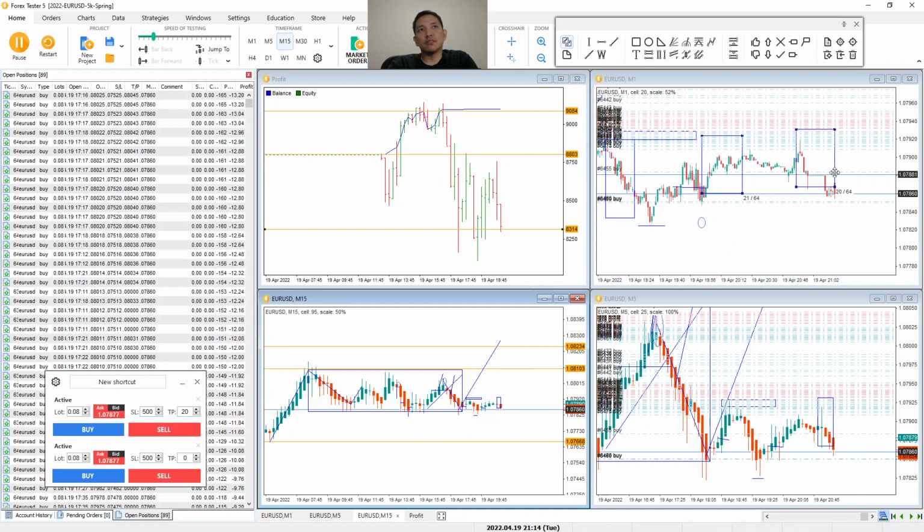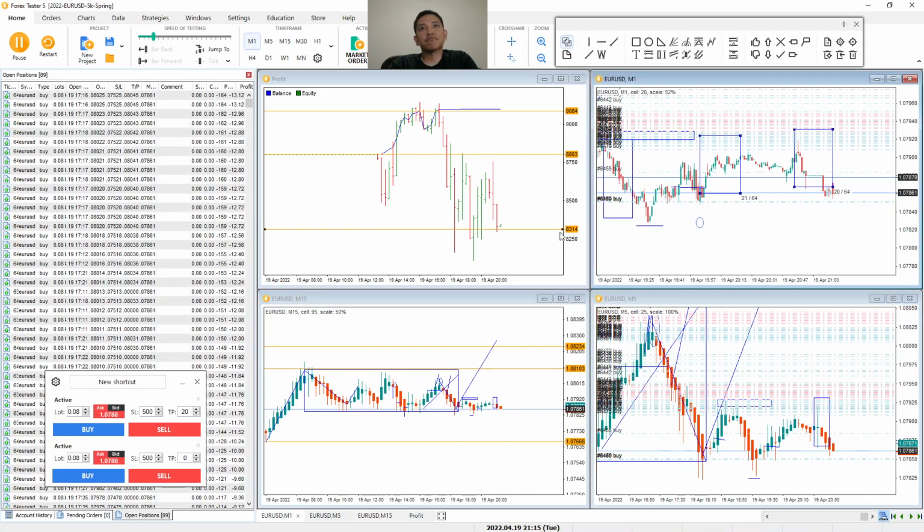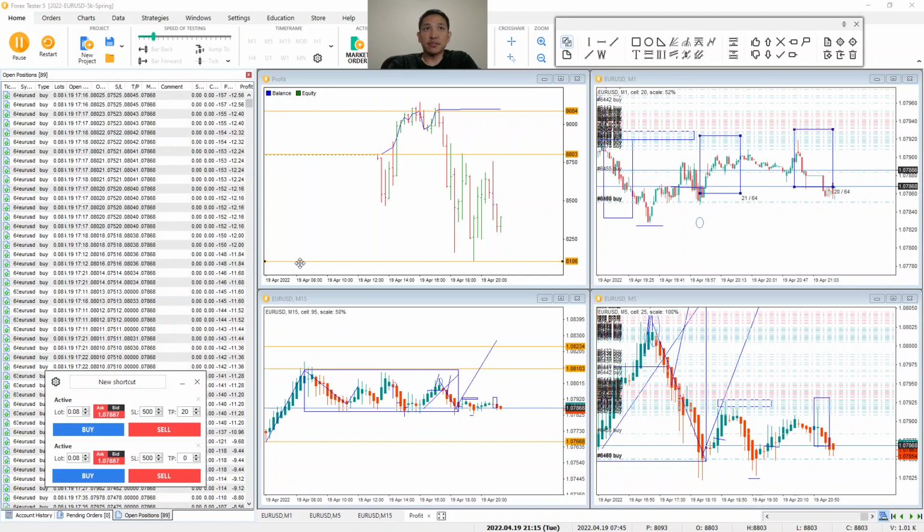So here it is, it's the afternoon close with the spread increasing, and wow, our biggest drawdown even lower. Yeah, 7.9, so close to 8%.